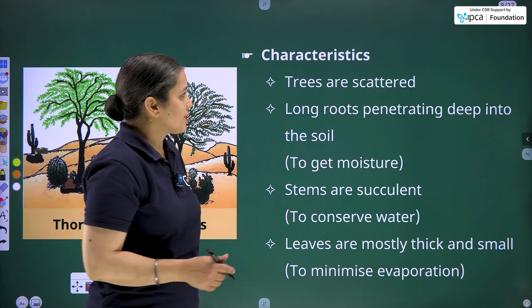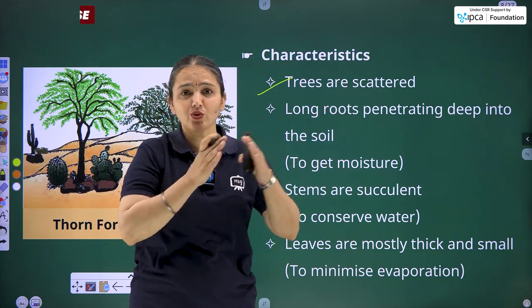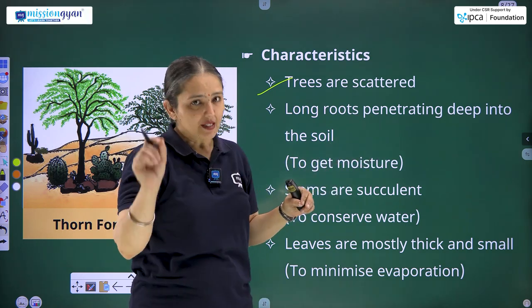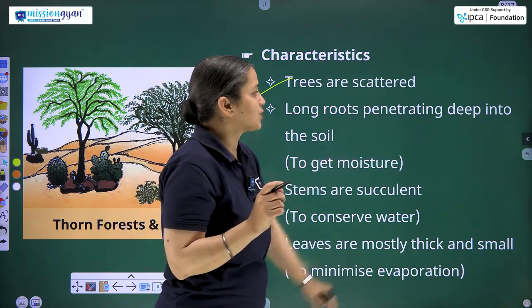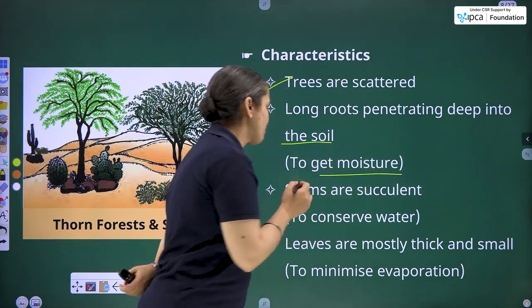Characteristics of these forests: trees are scattered. Vegetation is less, spread across the region, but in least count, with long roots penetrating deep into the soil to get moisture.